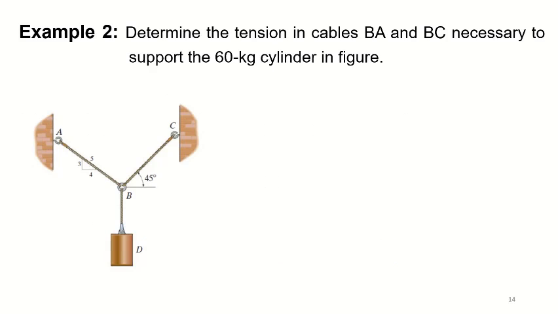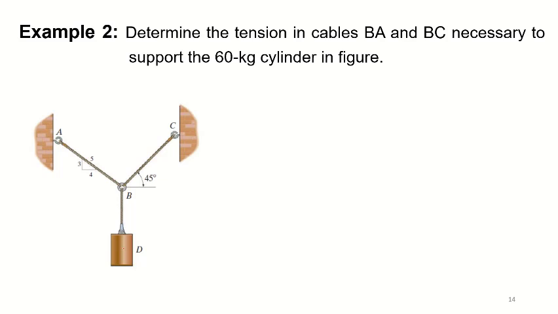So let's see how we can use our knowledge of equilibrium equations and free body diagrams to solve some problems. The first problem tells us to determine the tension in cables BA and BC necessary to support the 60 kilogram cylinder in the figure.